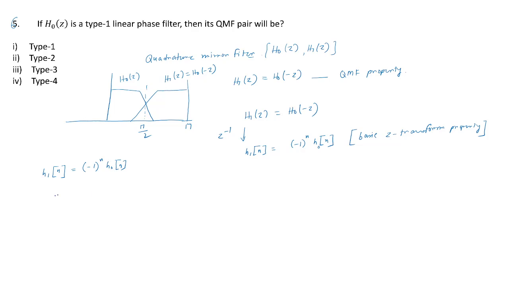Now you can see when H0(z) is type 1 linear phase, correct? That means h0(n) has even symmetry.